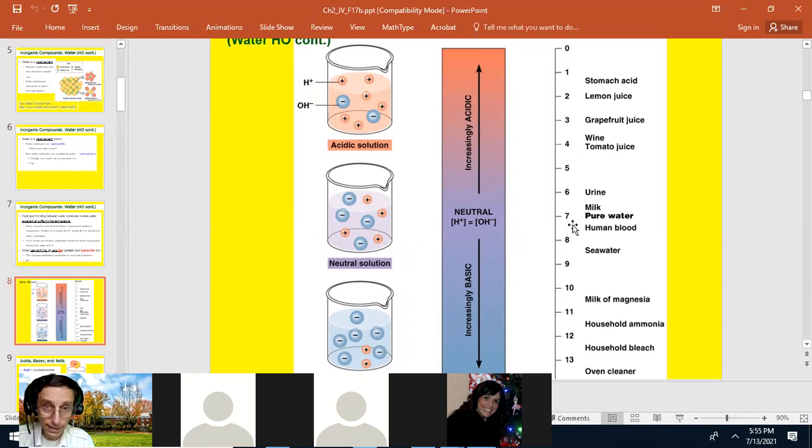Now a slightly acidic solution, like a pH of 6, has one hydrogen ion in 10 to the 6th water molecules.